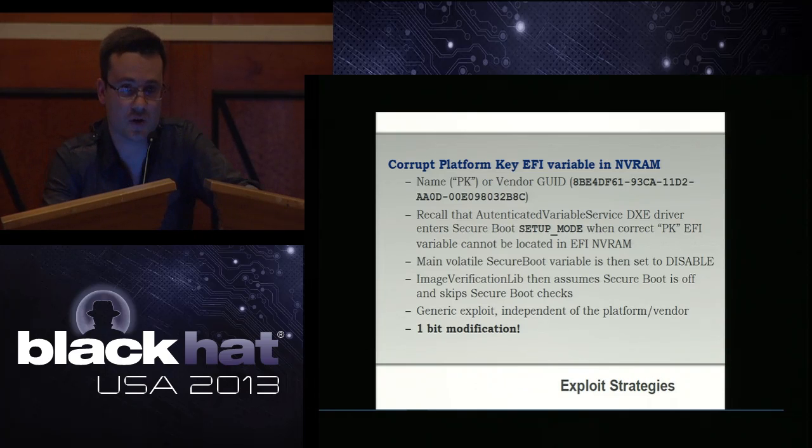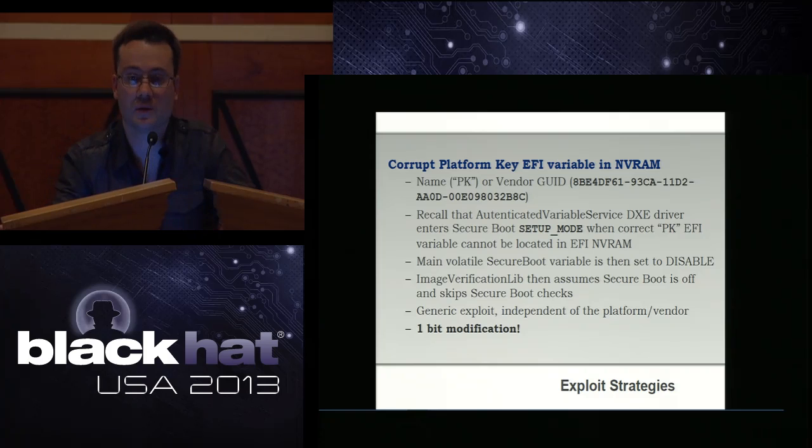So the simple strategy the exploit could take to bypass secure boot is, remember when the platform key is not installed, what happens? The system goes into setup mode. Once the system goes into setup mode, secure boot is off. You don't have a root key, so you cannot enforce any secure boot. So just make sure that the BIOS will not find the platform key.